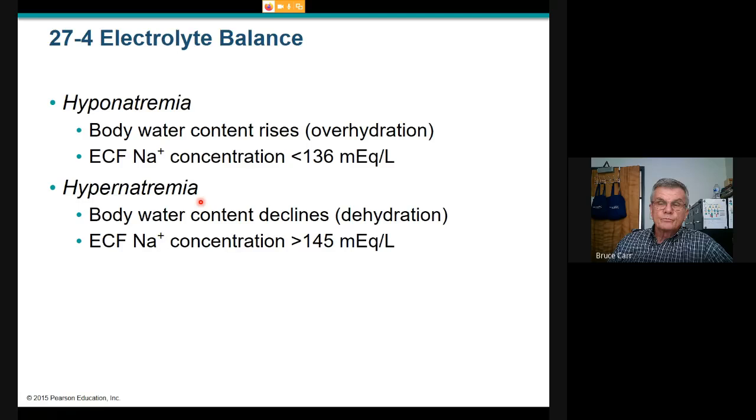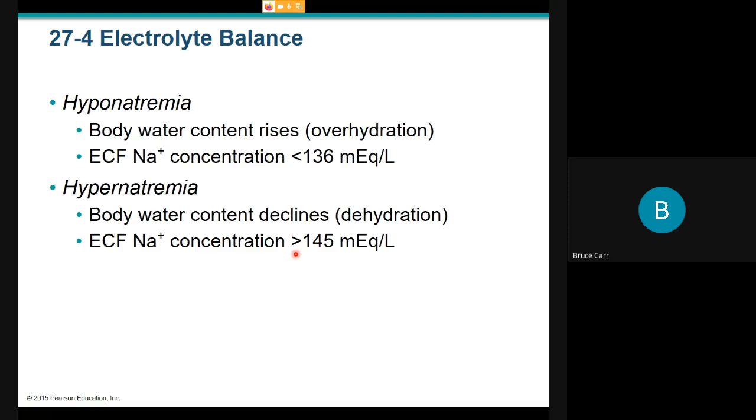Hypernatremia, high sodium concentration, is when the body water content declines. This is dehydration, and this is where sodium concentration is greater than 145 milliequivalents.